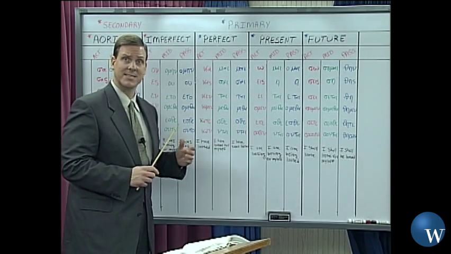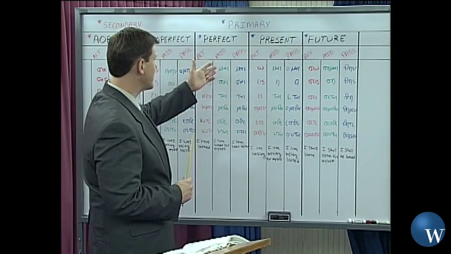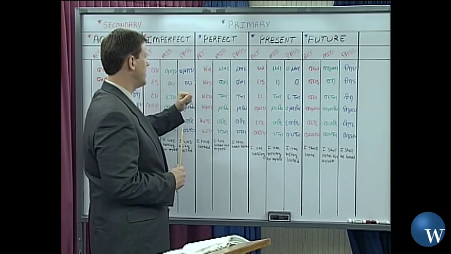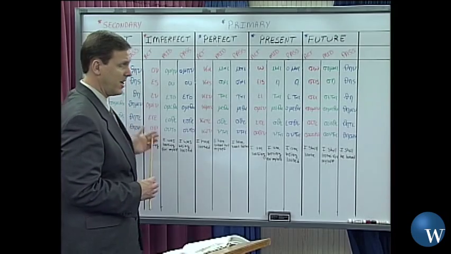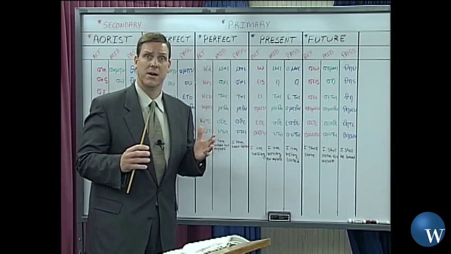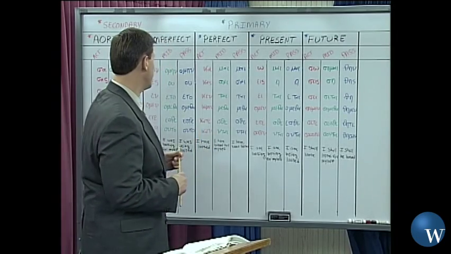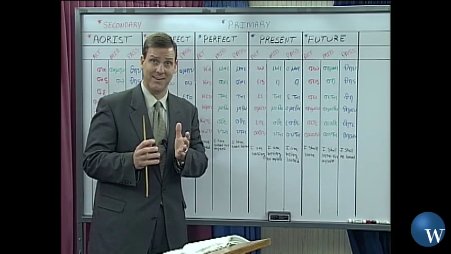I've written up here most of the tenses. We don't have the pluperfect tense, and I did not include the second aorist, which is basically the same as far as the time and the aspect, but the forms are a little bit different. They take on, remember, the imperfect endings, and you know that it's an aorist by its stem changer.